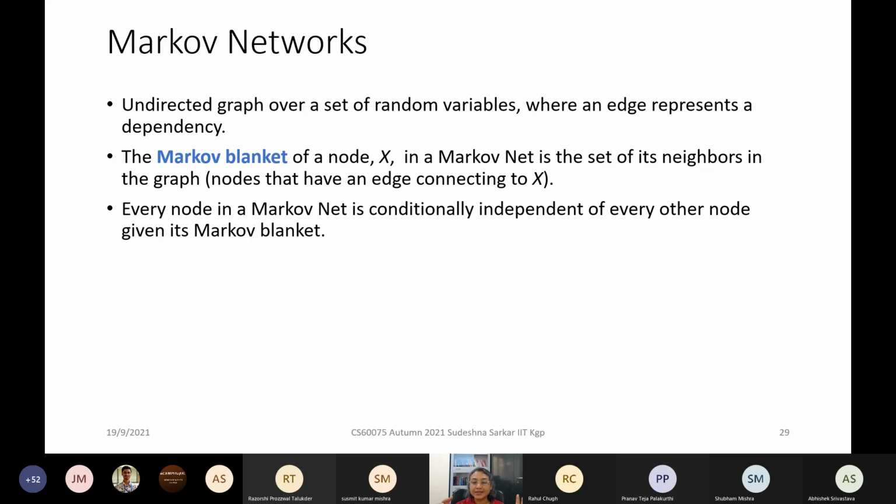One of the mechanisms is using a Bayesian network, which has directed edges. The other possibility is to use undirected networks such as Markov networks. Markov networks are undirected graphs over a set of variables where an edge represents a dependency.